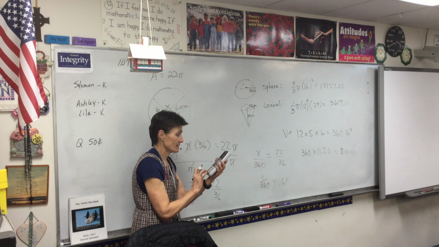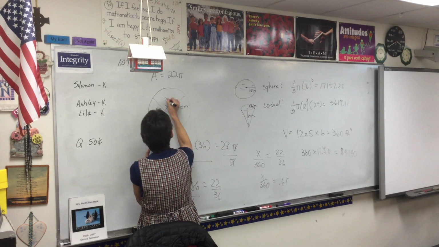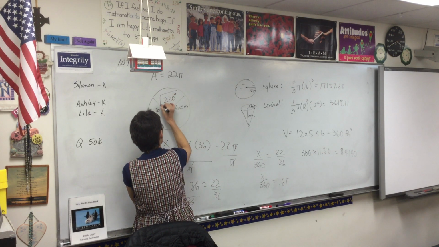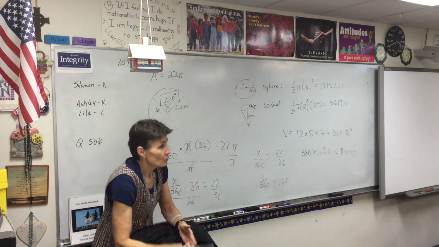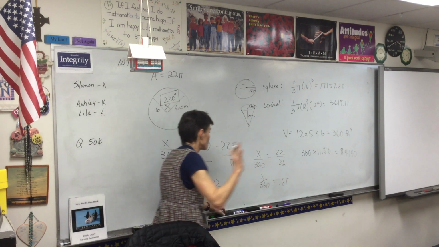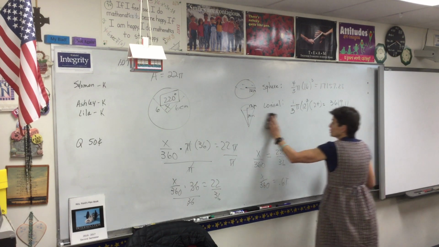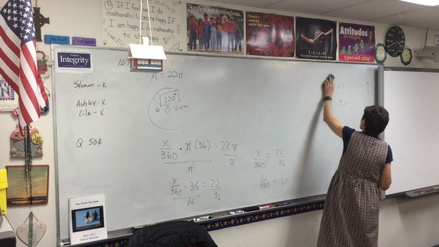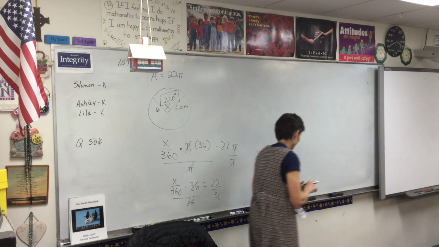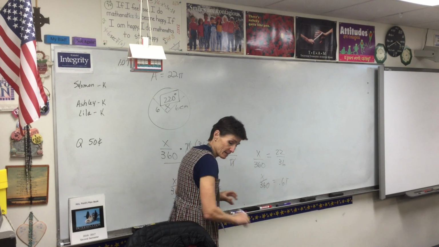Multiply by 360. Now you may have done this in an entirely different order, and that's okay. Make sure you get 220 degrees. When you go back and redo the problem, do it in whatever order makes sense to you, but just make sure you're getting 220 degrees. Okay? All right, that page is done.